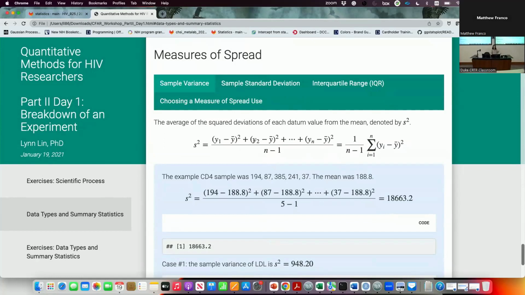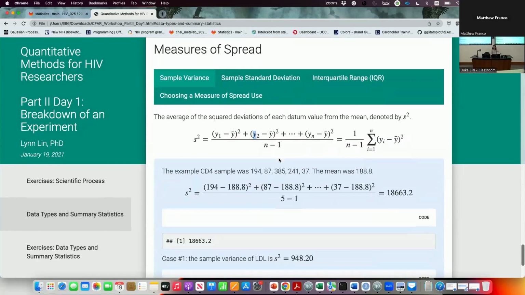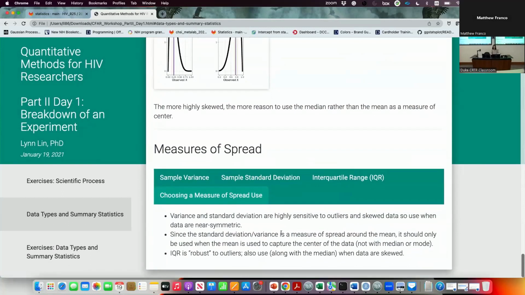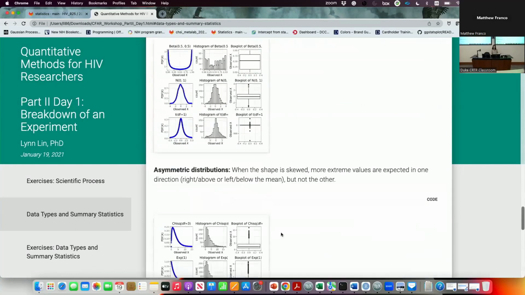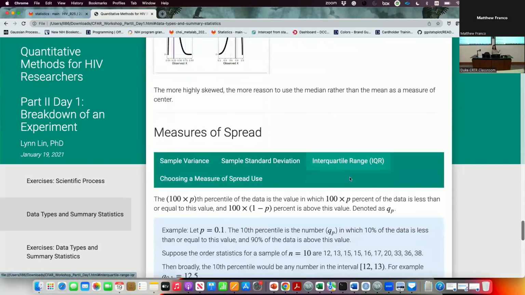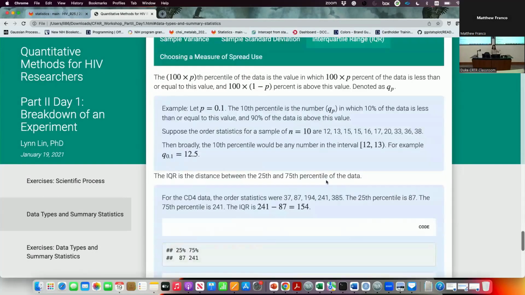So if there is any entry error or any extreme values, this will inflate s squared, making it increase or decrease largely. Similar to the mean, the variance and standard deviation are very sensitive to outliers. But the IQR just relies on order statistics, so it is less sensitive to extremely small or extremely large values, because it only looks at the difference between the 25th and 75th percentile.